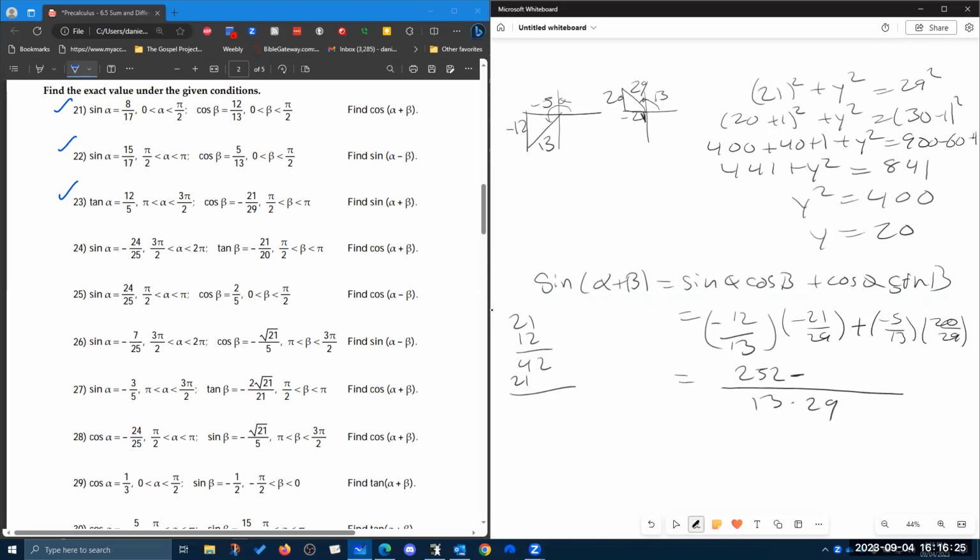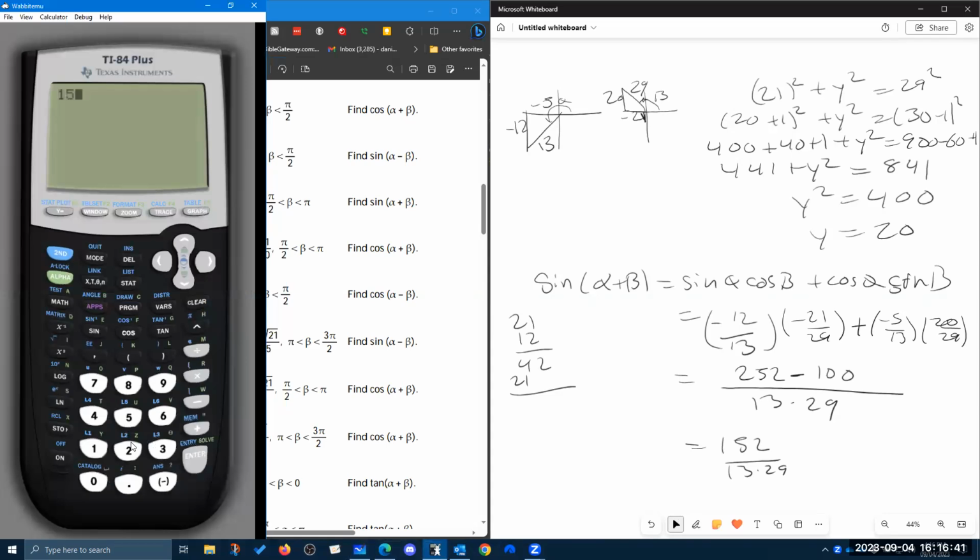Minus 100. It's going to be 152 over 377.